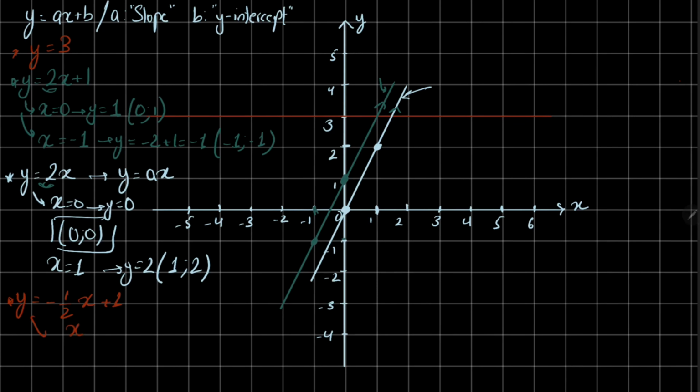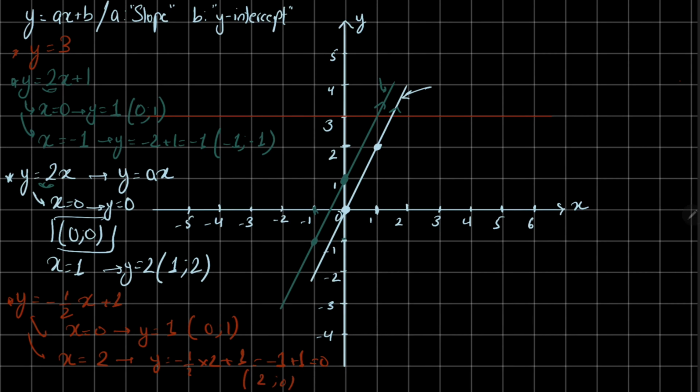Let's take x equals 0, y will be equal to 1. For x equal to 2, y will be equal to minus half times 2 plus 1 equals minus 1 plus 1 equals 0. The first point has the coordinates (0, 1), and the second point has the coordinates (2, 0).